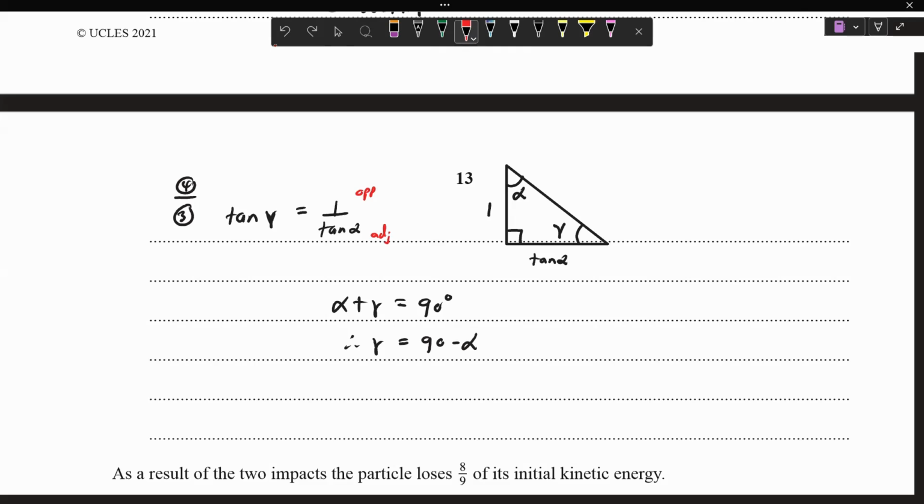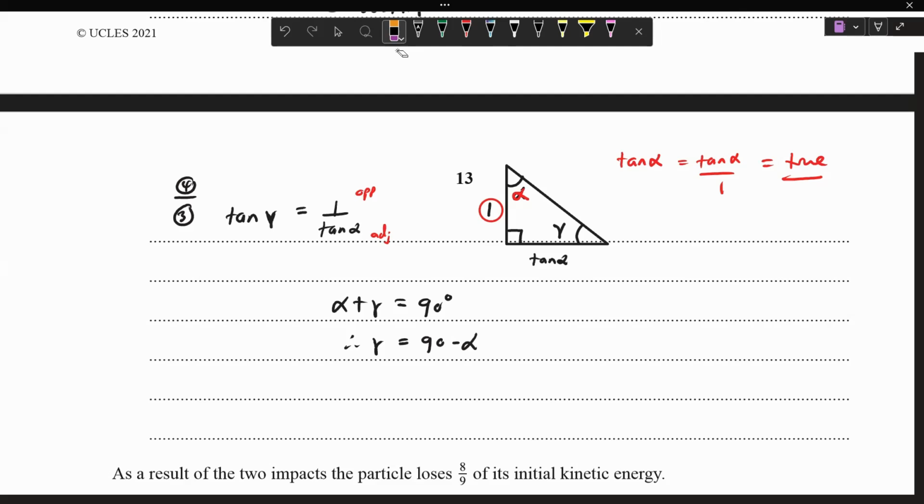I know this other angle is alpha because if I say tan alpha, it means I'm saying opposite over adjacent, so it will be tan alpha over 1, which is true. So that's what makes this angle alpha.